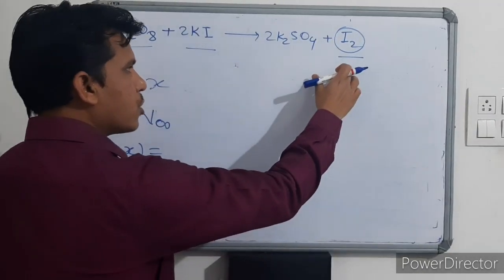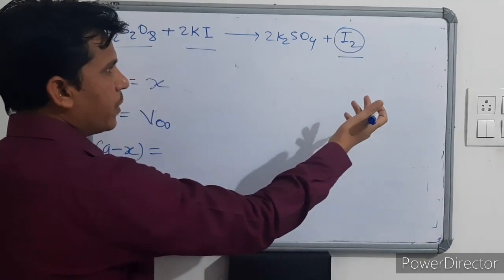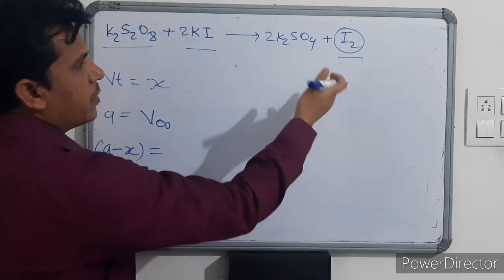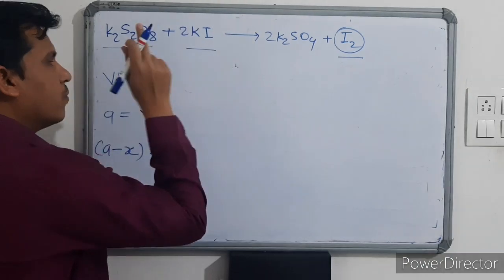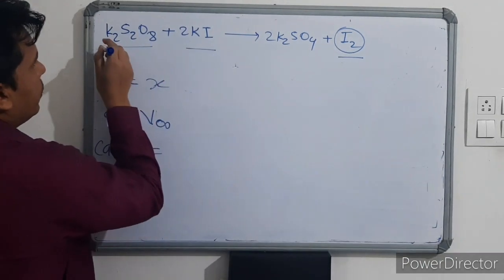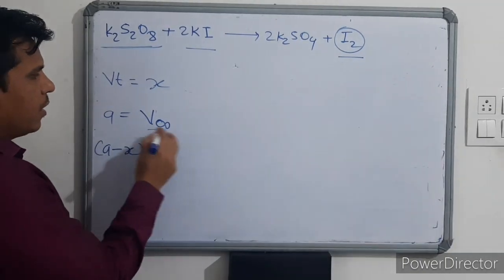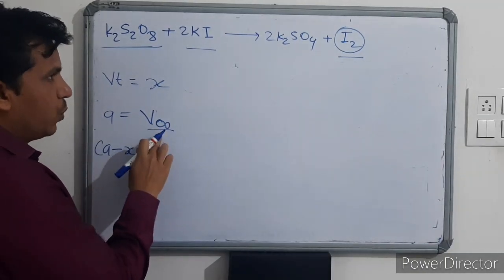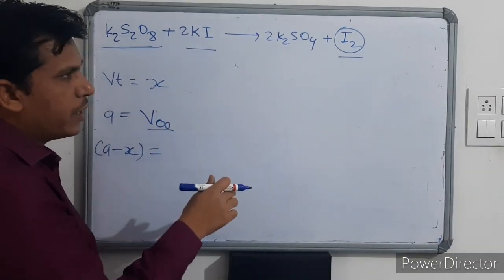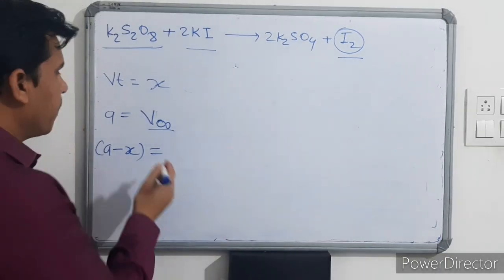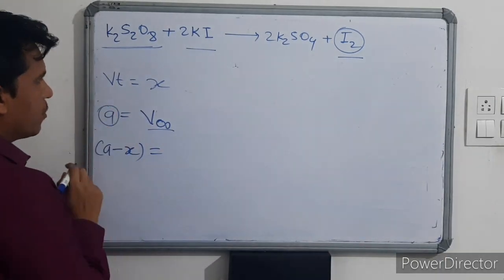As this corresponds to the total liberation of iodine after completion of the reaction, we can say that it corresponds to the initial concentration of the potassium persulfate, and hence the volume of standard hypo solution required for titration at infinite time corresponds to the initial concentration.